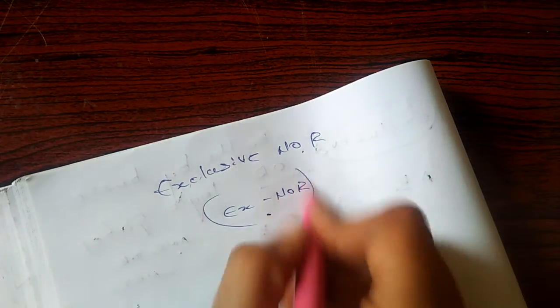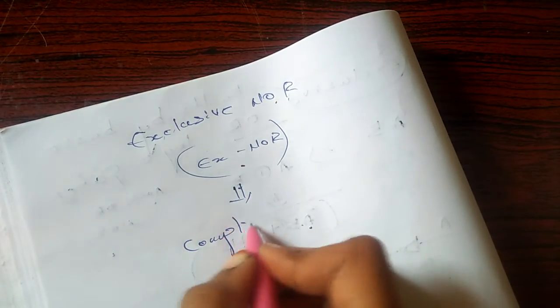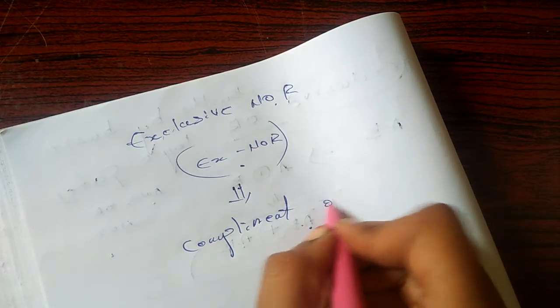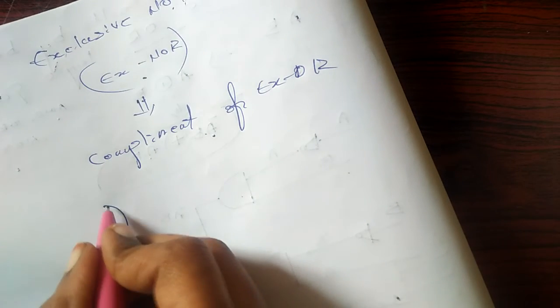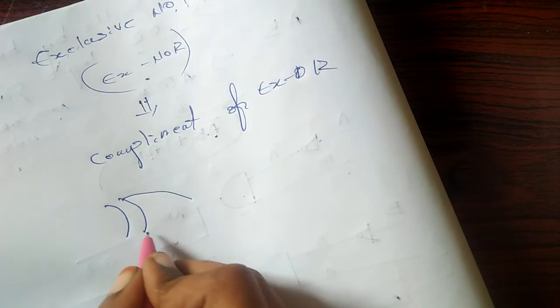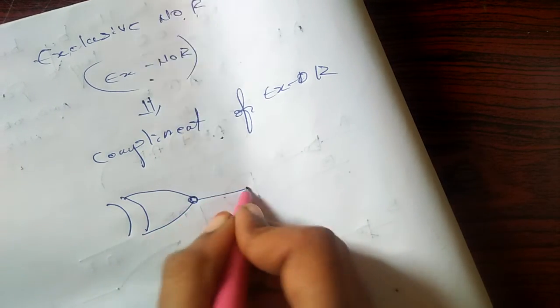This is a complete complement of the XOR gate. So the symbol can be represented with a bubble, which represents the inversion.